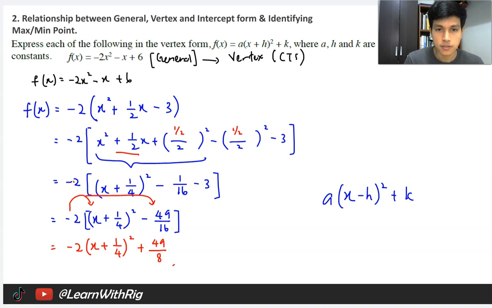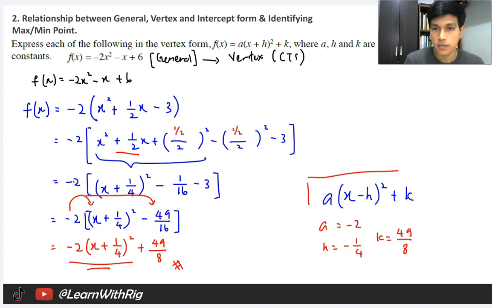So this is your answer. Clear? Because you're following the format. So now, based on this equation, your a value is negative 2, your h value is negative 1 over 4, and your k value is 49 over 8. So you're actually following this format. So that means this is your answer.